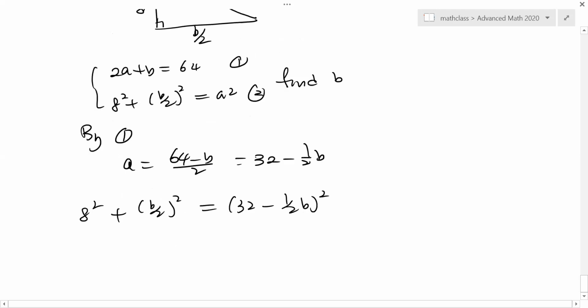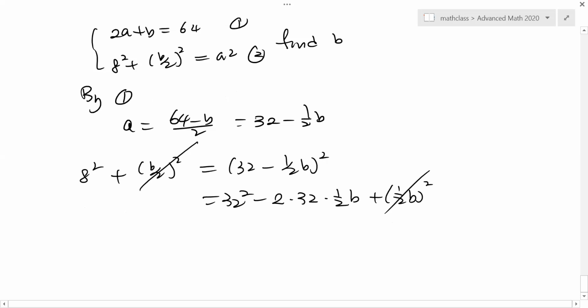Then I square this, 32 minus half of B. So it's going to be 32 squared minus twice 32 times half of B plus half of B squared. So now half of B squared cancels out, and I got 32B equals 32 squared minus A squared.